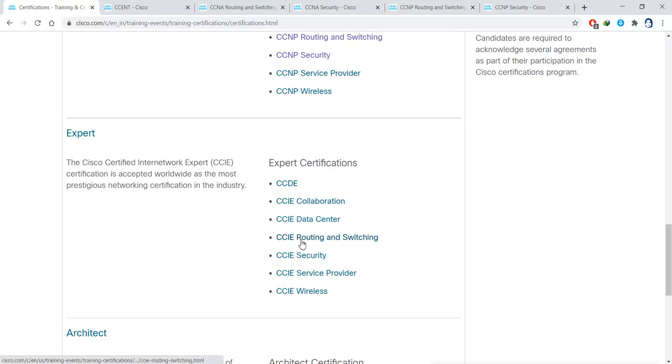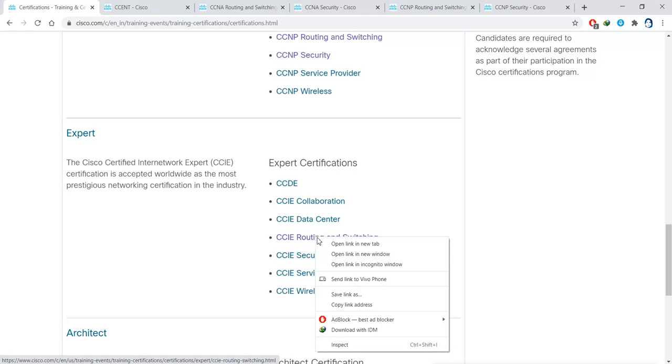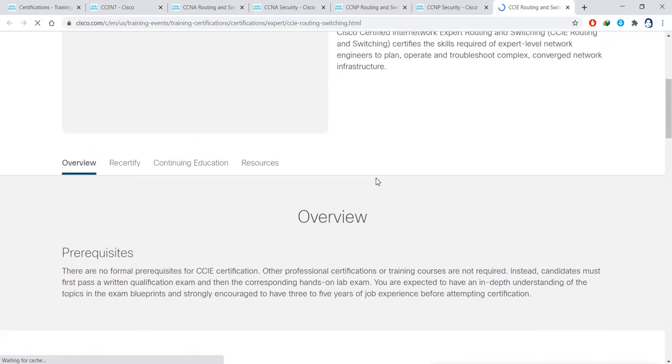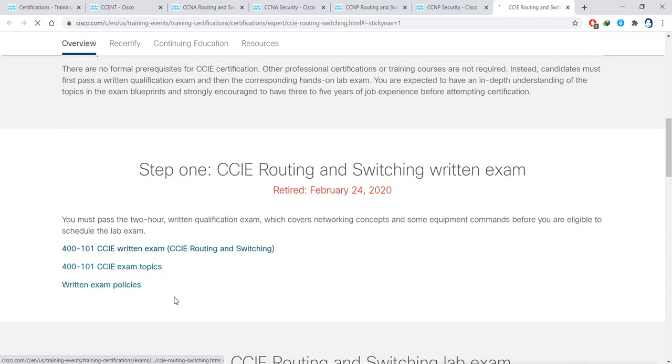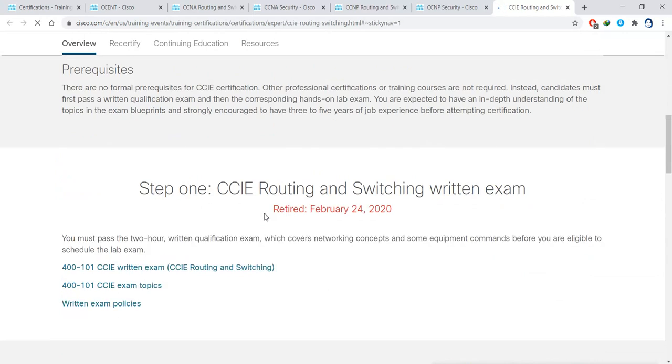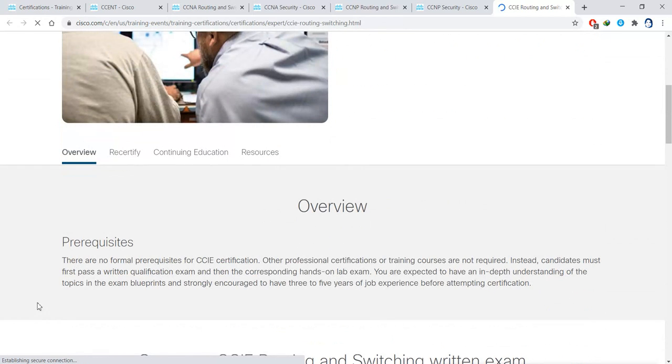Same as that, you have CCIE in Routing and Switching, CCIE in Security, and if you want to do this, then your prerequisites will be, there are no formal prerequisites for CCIE certification. Other professional certification or training courses are not required.